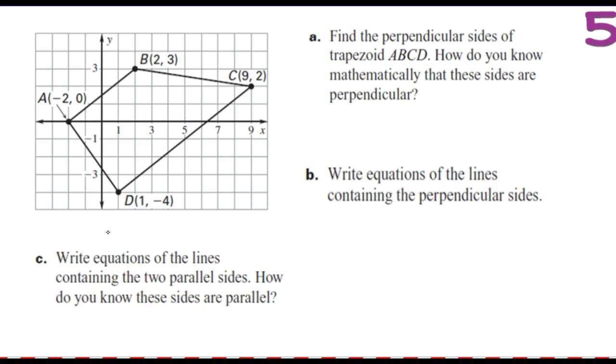Alright, so this last one says, find the perpendicular sides of the trapezoid ABCD. How do you know mathematically that these sides are perpendicular? Well, we need to find the slope of all the sides. So for side AB, our slope is going to be up 1, 2, 3, and over 1, 2, 3, 4.